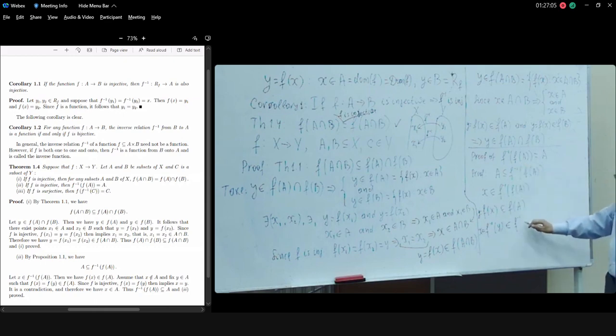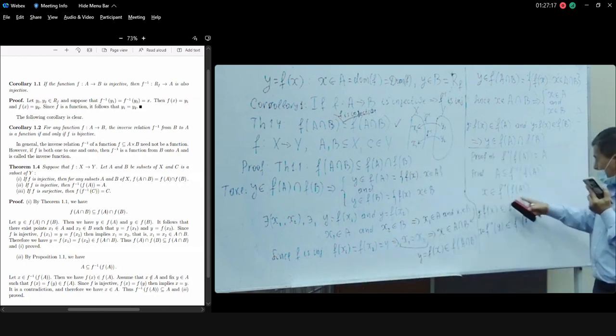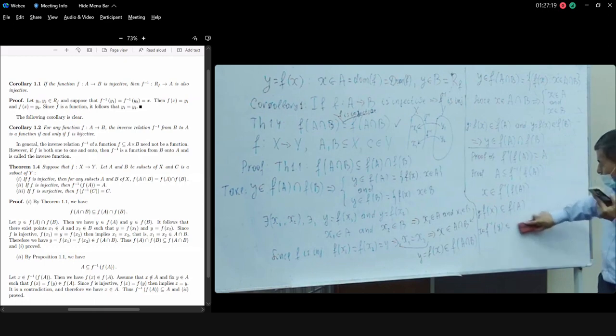You see, from here I cannot get that it is the element of A. Now here you see I'm getting the same thing by applying f minus 1.